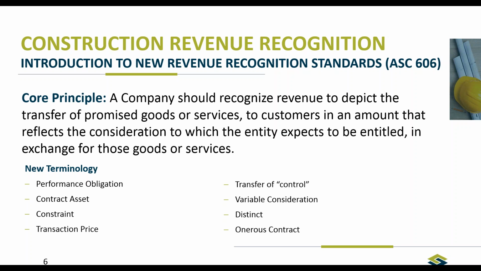Under the old standard, the current standard, 605, our methodology was based on a contractual basis. 606 is more focused on documenting or delivering on your promises or services. It's going to really come down to understanding what the performance obligations are, and that's one of the new terminologies under the new standard.